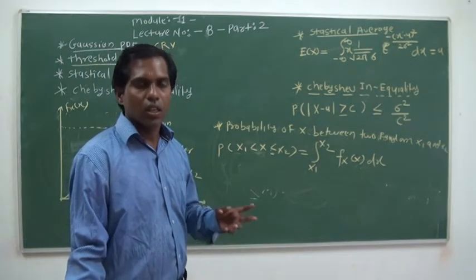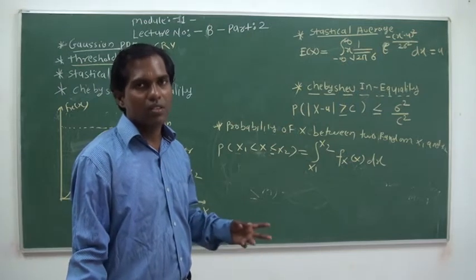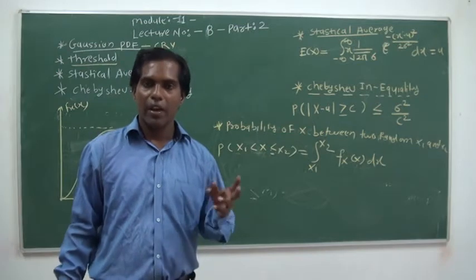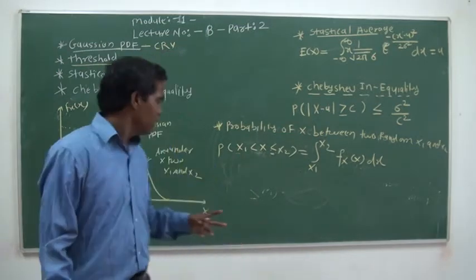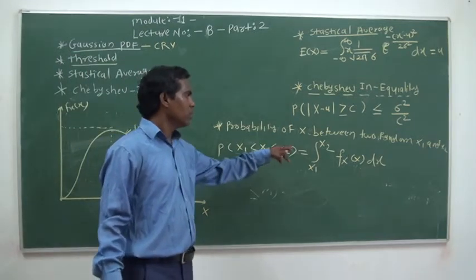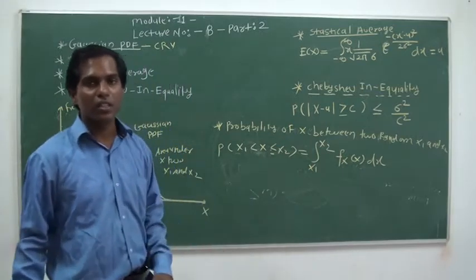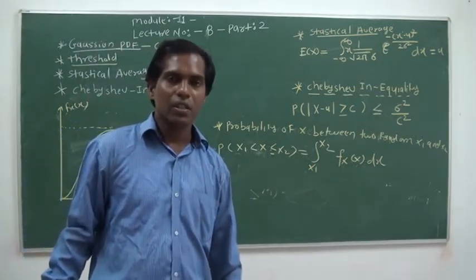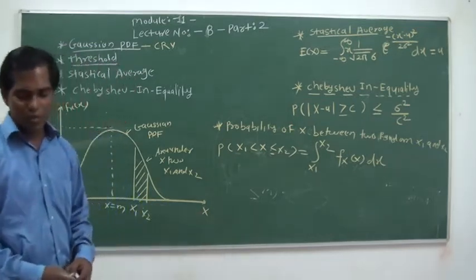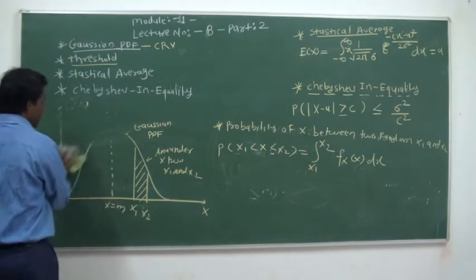Third, the probability of the random variable x being below and above the mean is 1 by 2, and the probability of observing x between two values is given by the integration from x1 to x2 of f of x dx, where f of x is the probability density function of the continuous random variable. These properties will be very useful while dealing with the Gaussian.